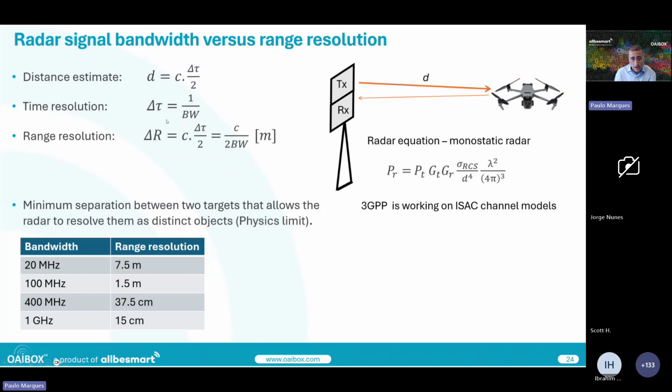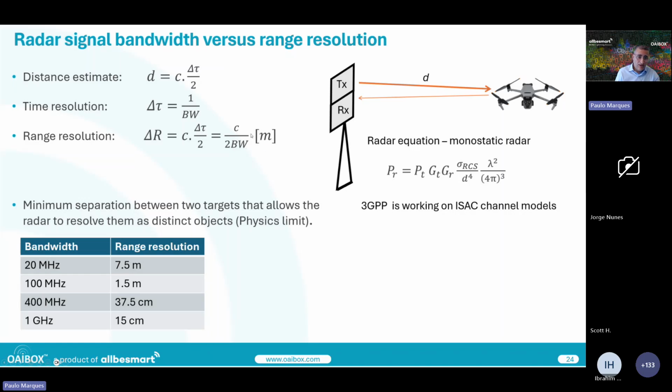The time resolution is related to the bandwidth; it is 1 over the bandwidth of the pulse. So the range resolution is C times delta tau over 2. Replacing delta tau, the range resolution is the speed of light over 2 times the bandwidth. So why is this important?